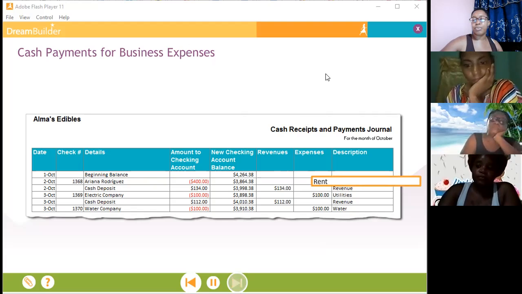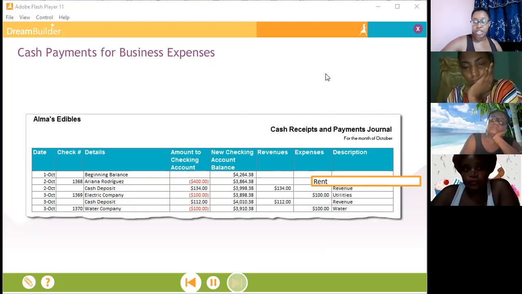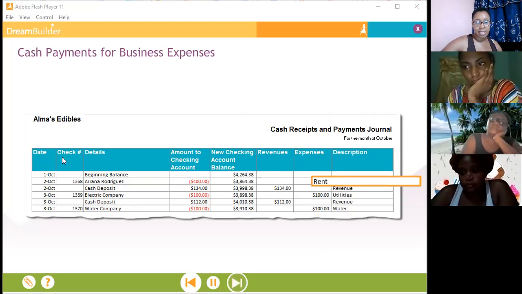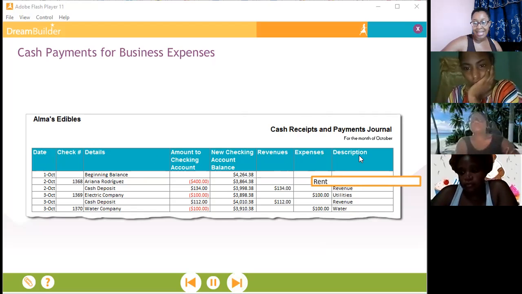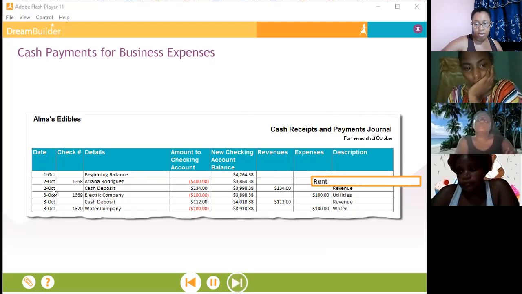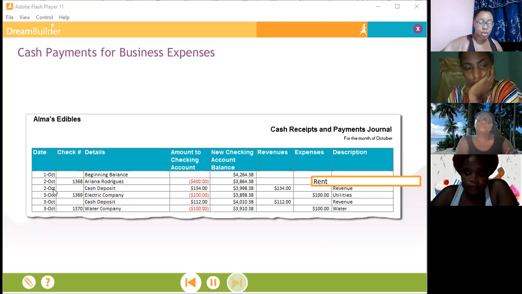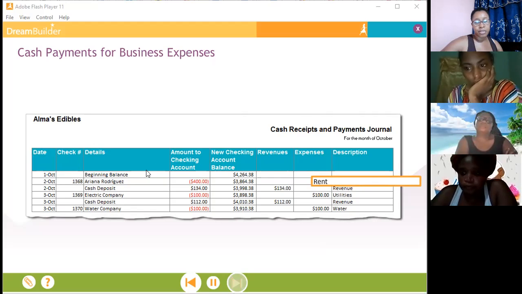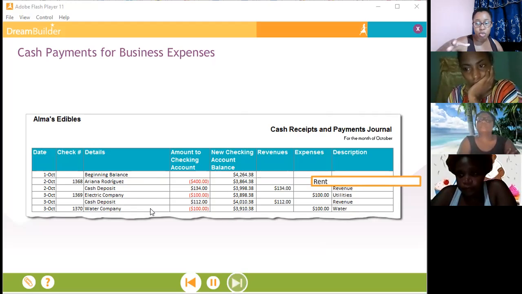Okay, so just to briefly and quickly recap what she just said. The cash receipts and payments journal, as you can see, has 8 columns. And then of course, the rows depend on how many transactions you would have done for that particular date. You can do it day by day, week by week, or month by month.